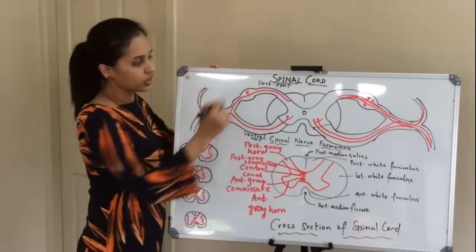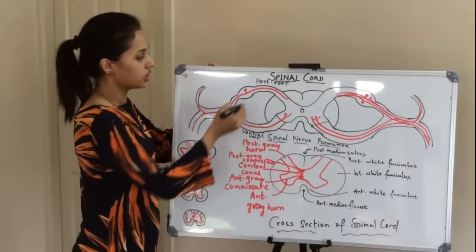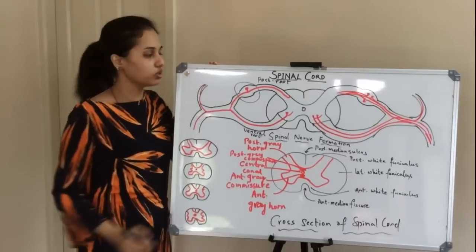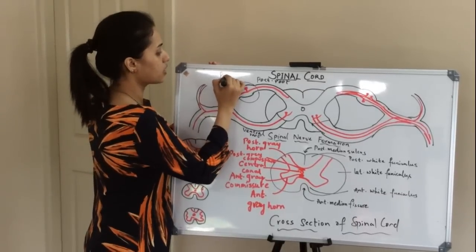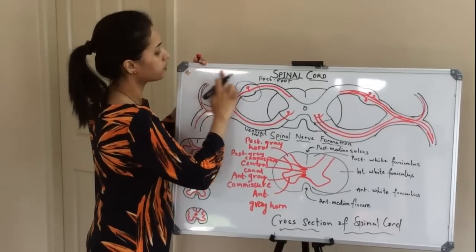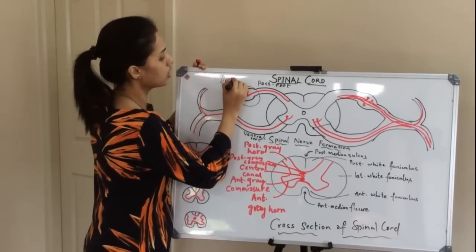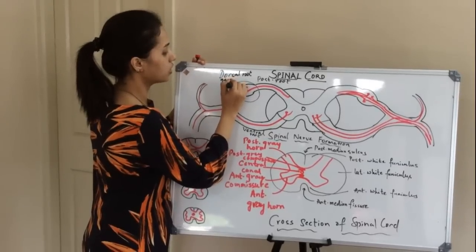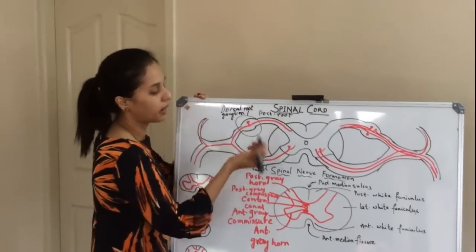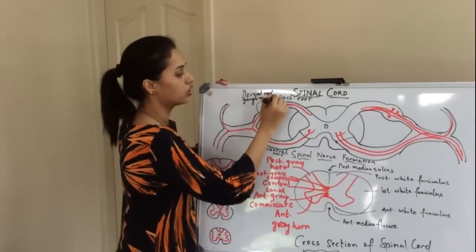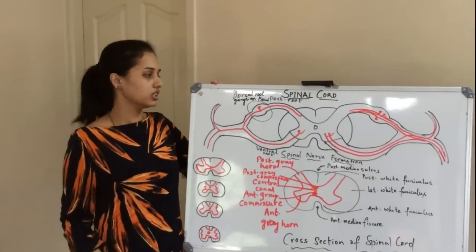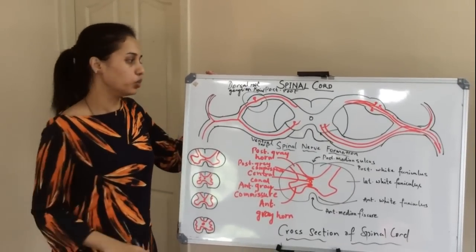There is a unique feature of the posterior root. There is one special feature in the posterior root which is called the dorsal root ganglion or the spinal ganglion. You all know what ganglion means. Ganglion is singular and ganglia is plural.